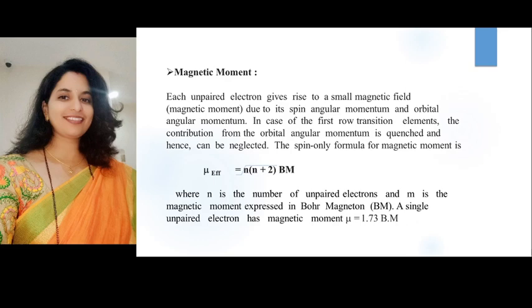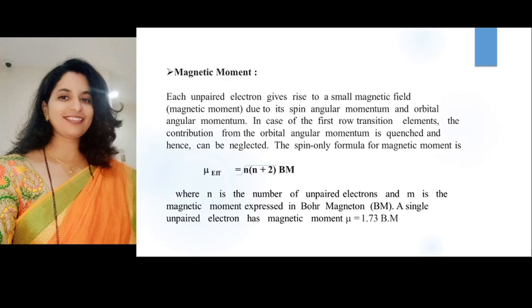In case of the first row transition elements, the contribution from the orbital angular momentum is quenched and hence it can be neglected.